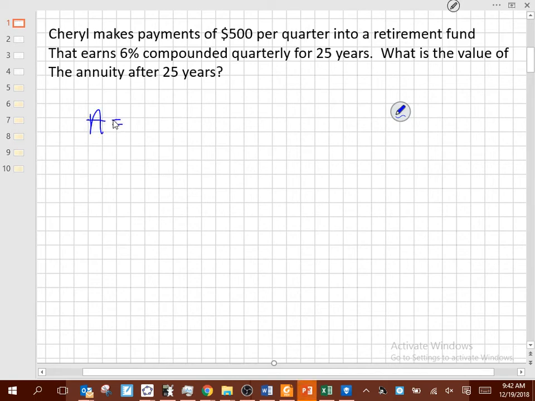I'm just going to tell you that for an annuity, the amount after some time is found by taking R. R is what we refer to as your periodic rent, meaning that's just the amount that we're going to put in or contribute to this fund every quarter or every month or whatever.